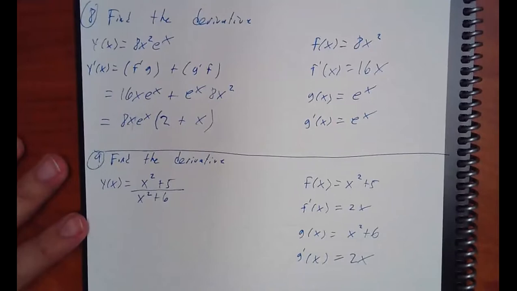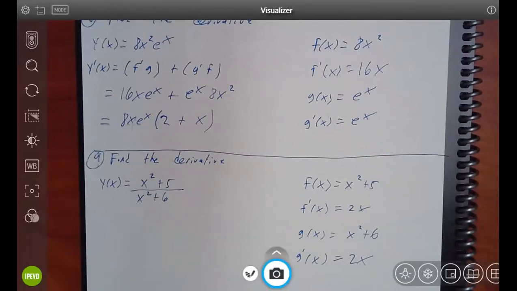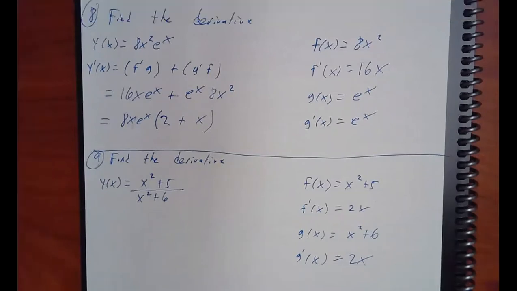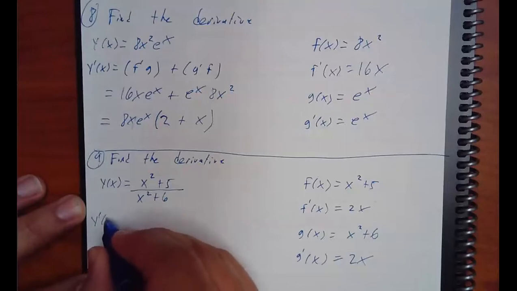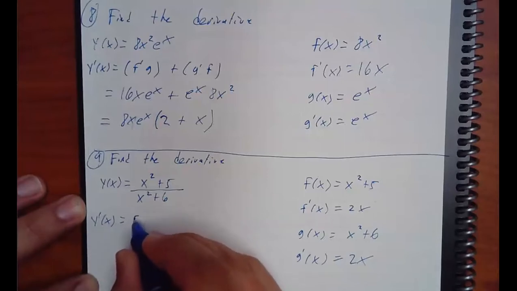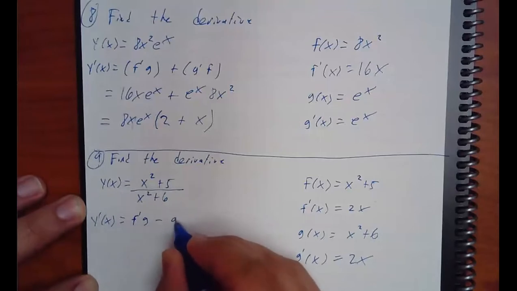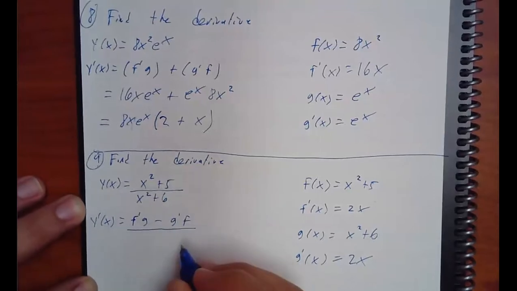Okay. Double check. I think it's f prime g minus g prime f. Double check, because I don't trust this right now. Yeah. So the derivative will equal f prime g minus g prime f over g squared.